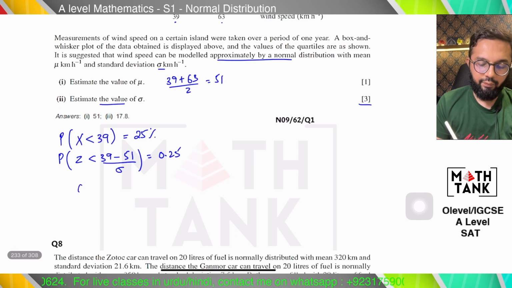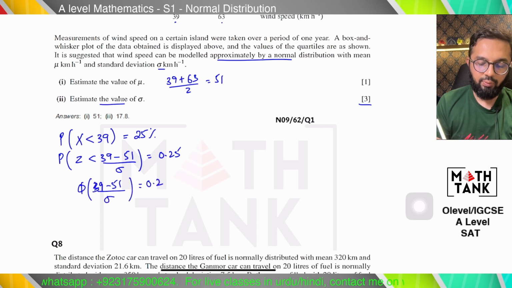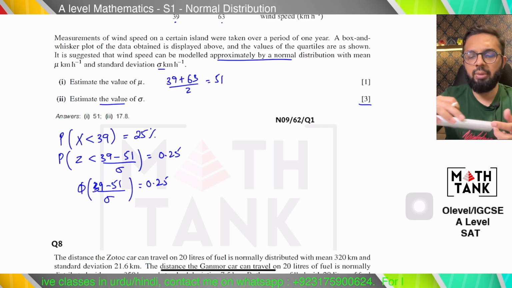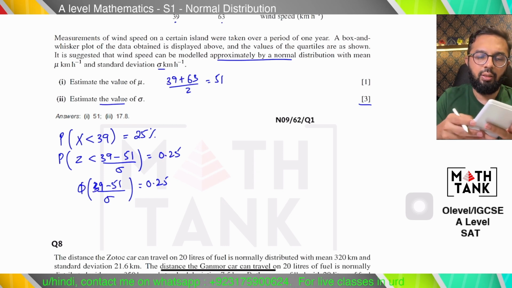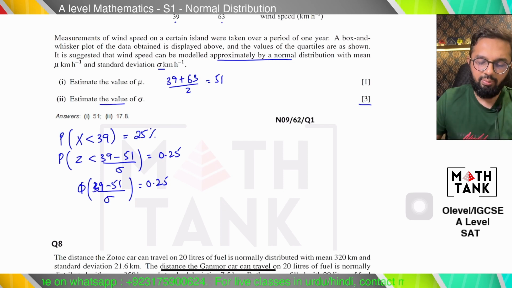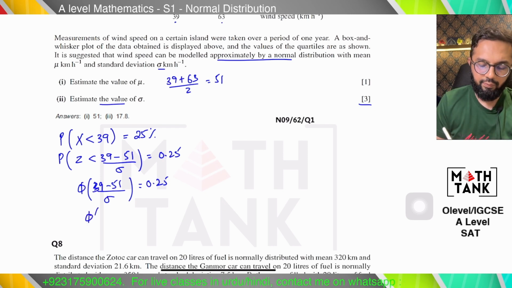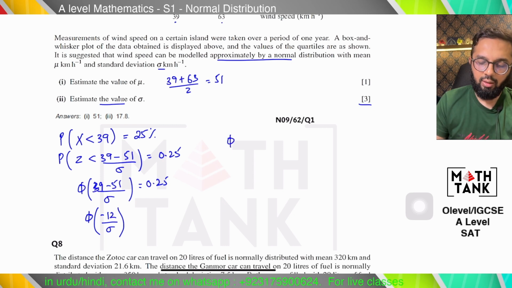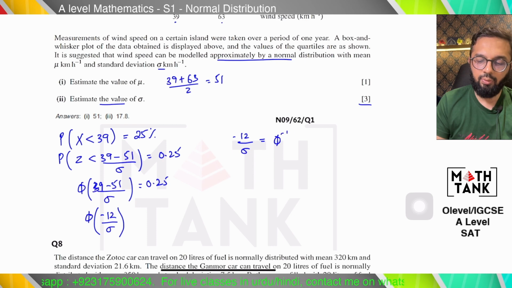So phi of 39 minus 51 over sigma equals 0.25. Why am I carrying out this 39 minus 51? Let's estimate. 39 minus 51 gives me minus 12. So phi of minus 12 over sigma equals phi inverse of 0.25.